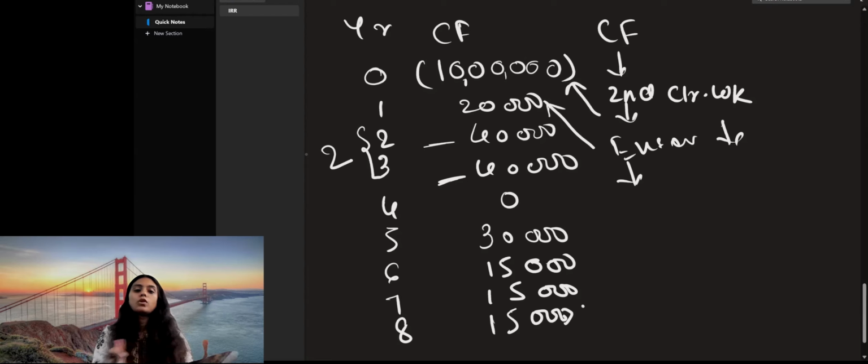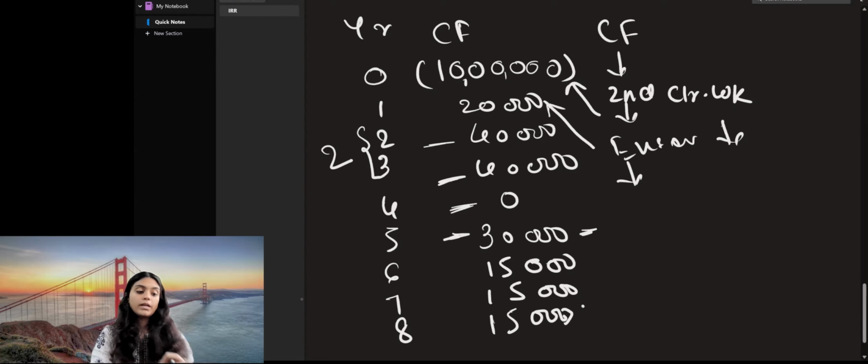Enter and down arrow. So now what you'll see is C03. Now C03 has 0 returns or inflow. So we'll click 0, enter and down arrow. Then F03 is 1. So enter and down arrow. Then for the fifth year you're getting 30,000, correct? So put 30,000 on your calculator, enter, down button. F04 will be 1 only because we are getting 30,000 in only 1 year.